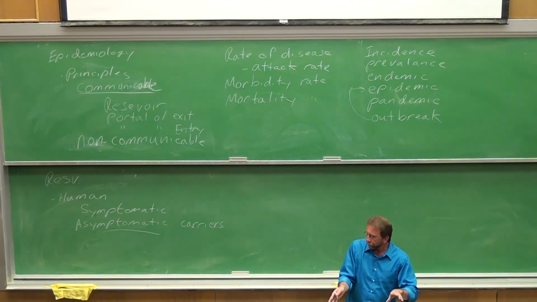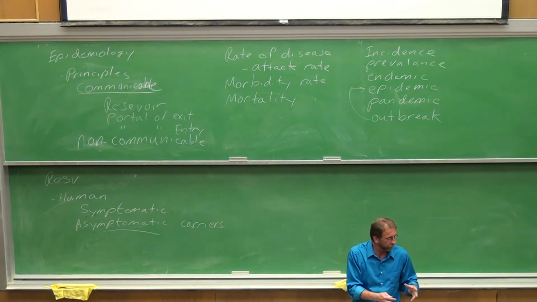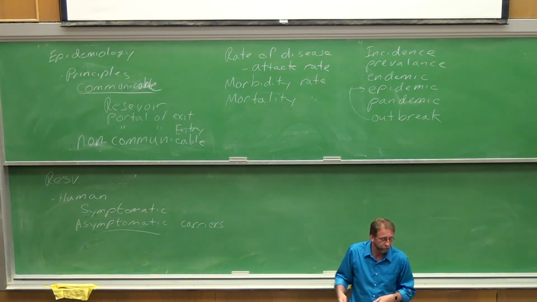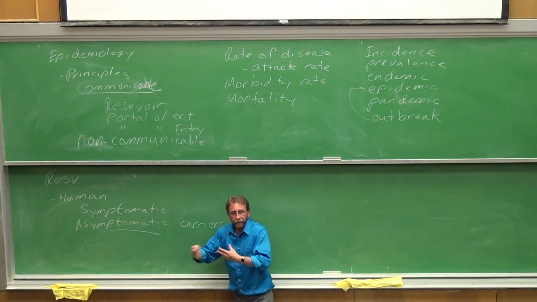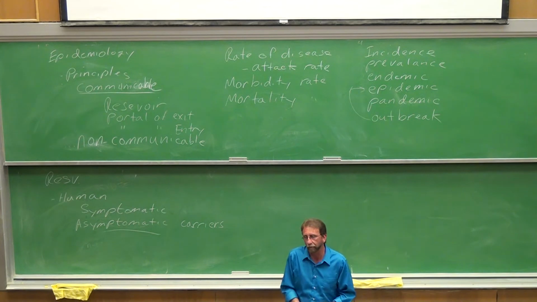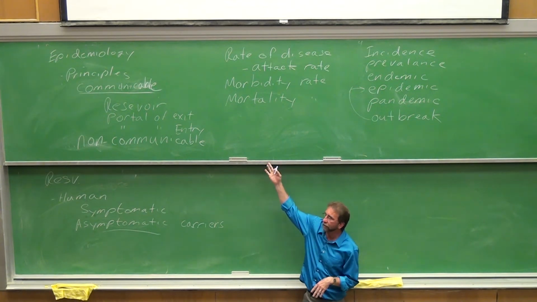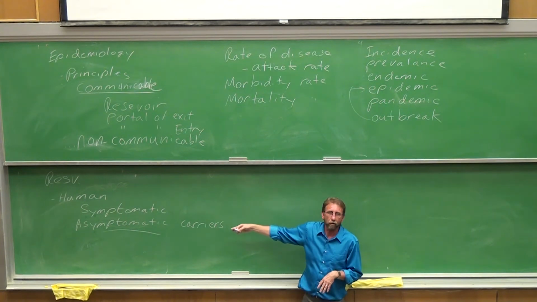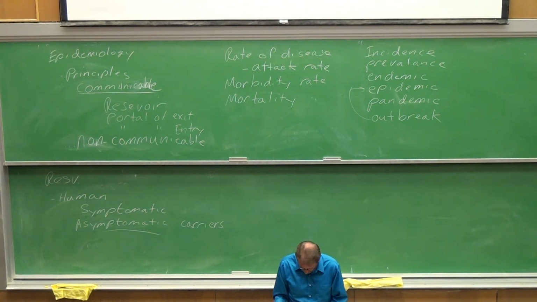After exposure, there's an initial time where you might feel a little flu-like symptoms, but many will recover from those and go on feeling just fine for the next couple or 3 years while the disease continues to grow in the body. And during that time, they're going out and infecting other people. So asymptomatic carriers can be a major problem for epidemiology because we don't know that people are sick and they're out there spreading the disease.